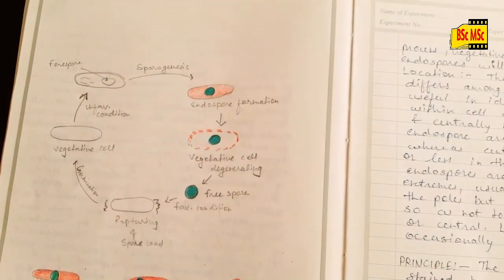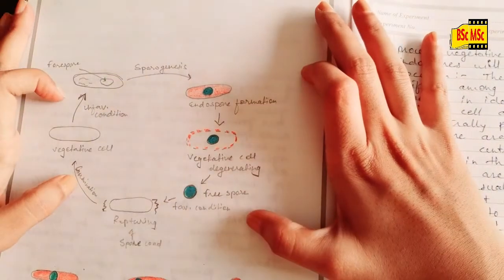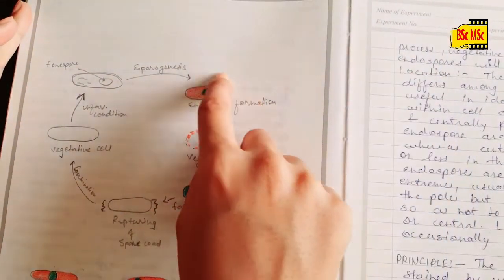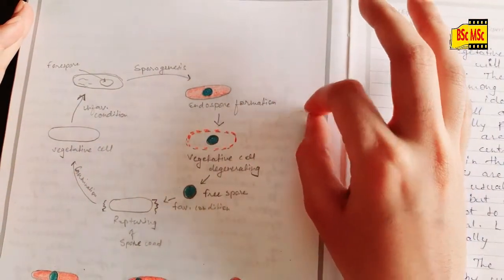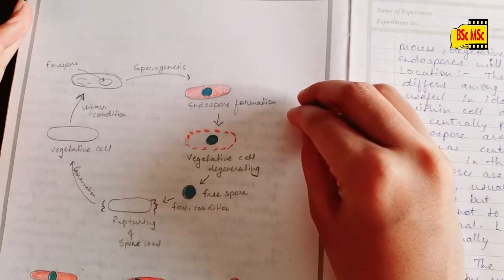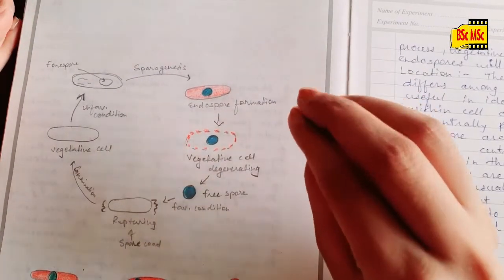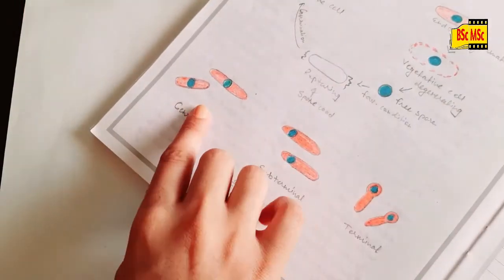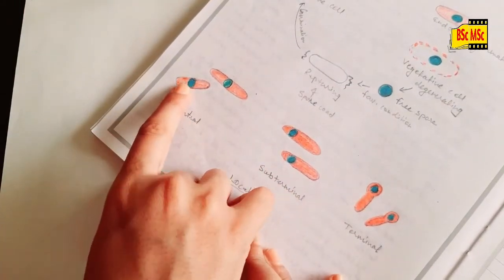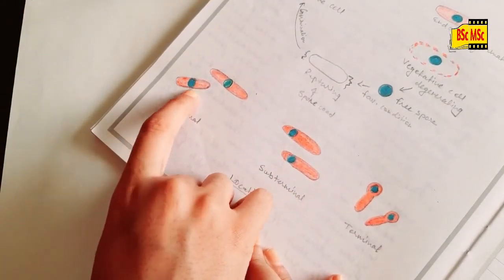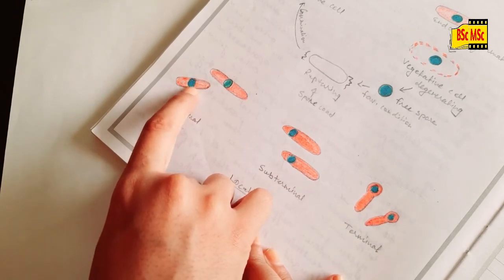The main point of showing this sporulation is the endospore formation. When you do the endospore staining, you will be able to see the endospore location in the parent cell. So what are these locations? These are the central ones, the centrally located: you can see the endospore is located at the center.